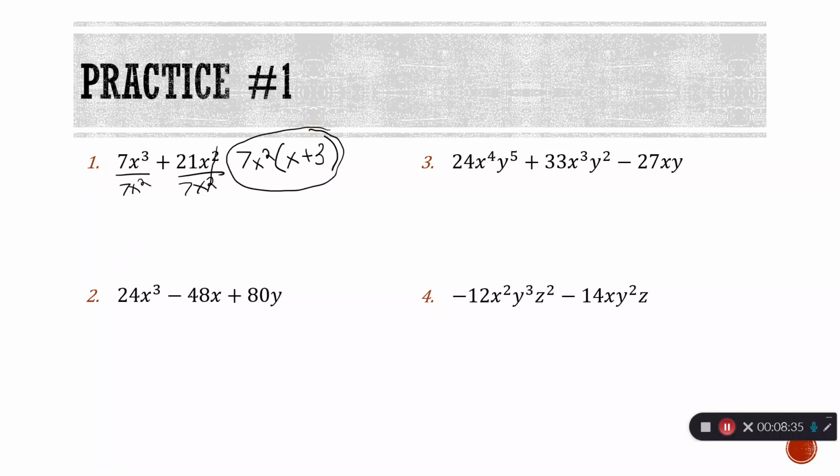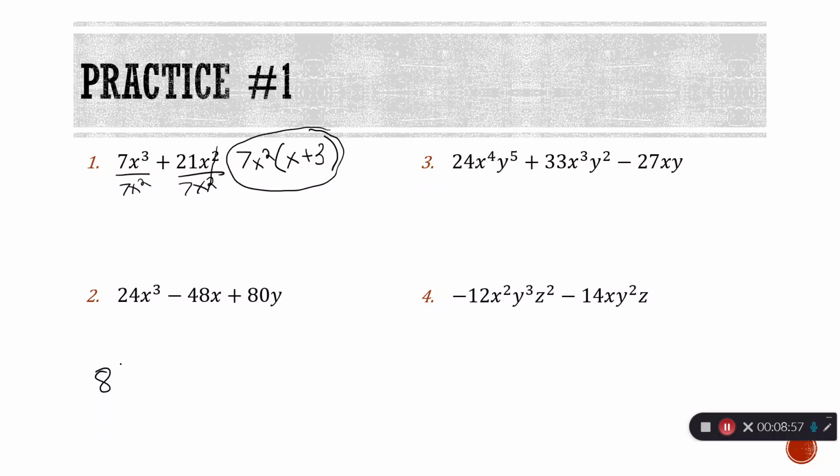Okay, number 2. Let's see here. 24, 48, 80. 8 can go into all of those. Okay. Write it down here. 8. And then I got x, I got no x's here.